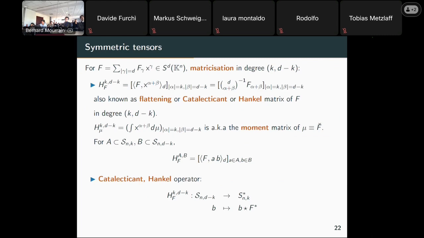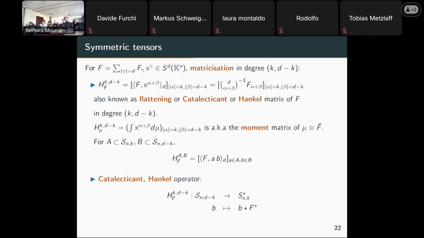So here there is a difference with the talk of Alexandra. I think this avoids some complication in the analysis of the properties of these matrices. So what is this operator?